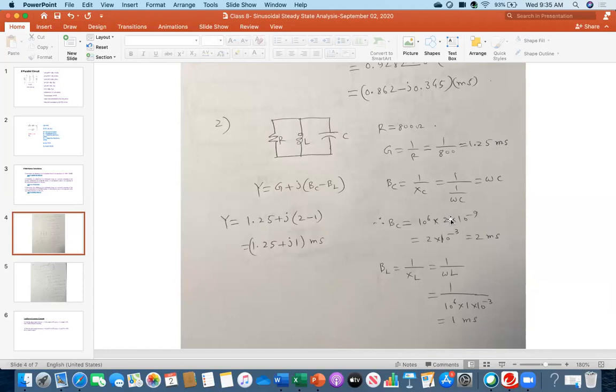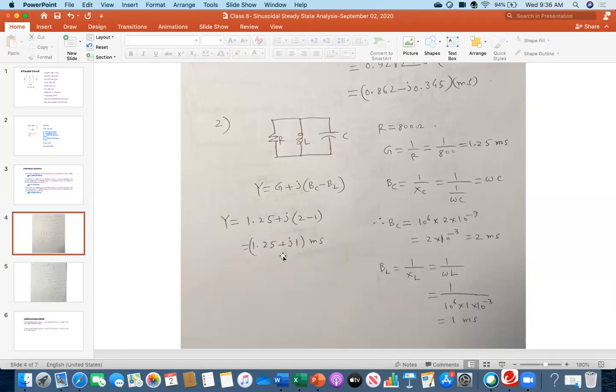Now just plug in these numbers, G this one, BC this one, and BL this number, into this equation. This is your basic equation. And that I did. The G value is this one plus j (2 minus 1). So my result is just j 1. Pretty simple. You don't even need a calculator.